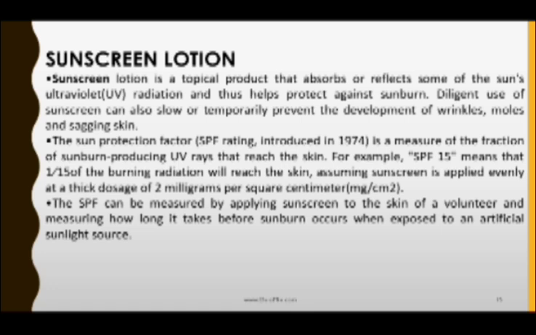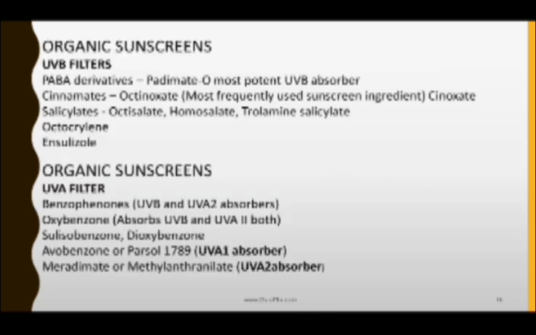For example, SPF 15 means 1 by 15 of burning radiation will reach the skin, assuming sunscreen is applied evenly in the proper thickness in milligrams. The SPF can be measured by applying sunscreen to the skin of volunteers and measuring how long it takes before sunburn occurs when exposed to an artificial sunlight source.